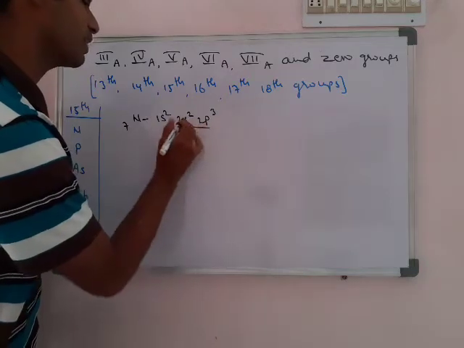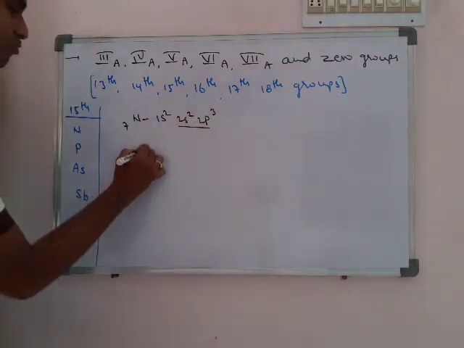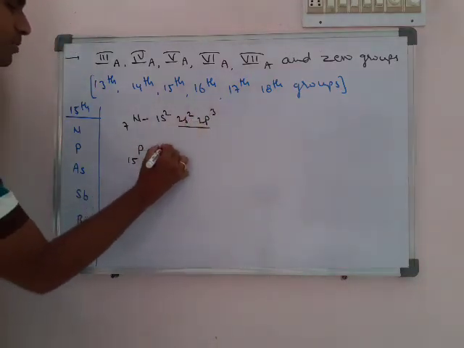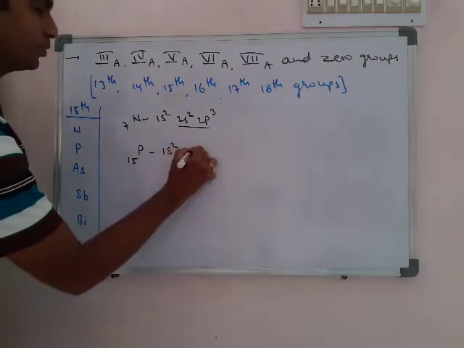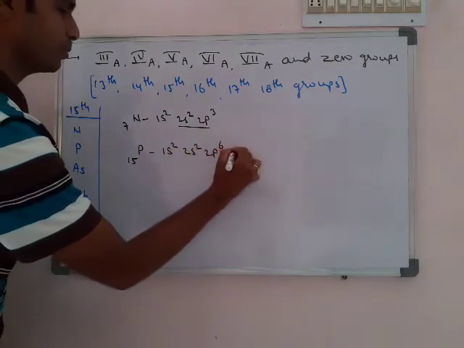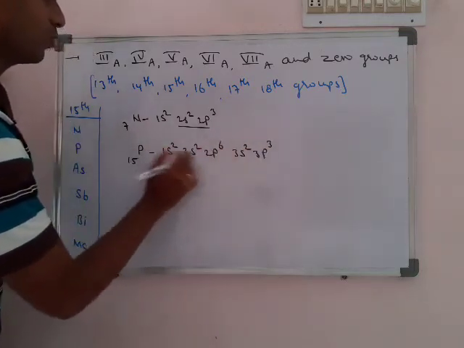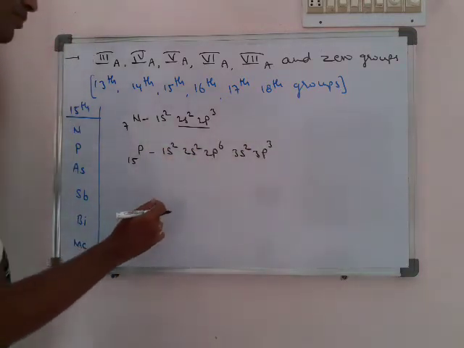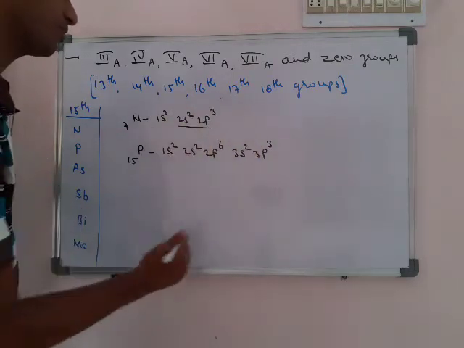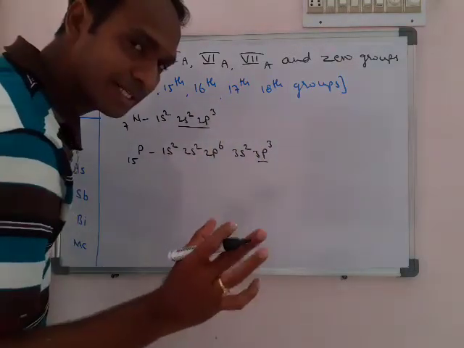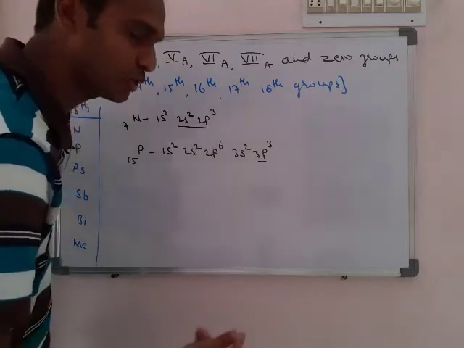What is the general configuration? s2p3. So check one more element, phosphorus 15, that is 1s2, 2s2, 2p6, 3s2, 3p3. 10 plus 3 plus 2, 15. Okay, the newly entered electron is in the 3p subshell, so it belongs to p block.